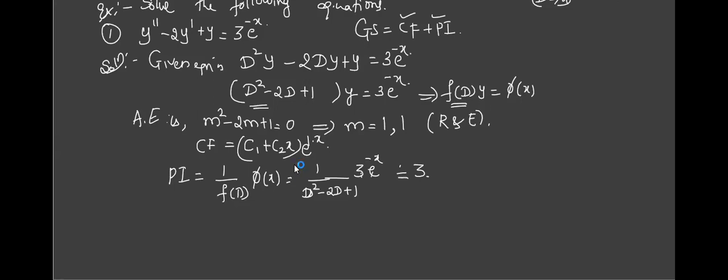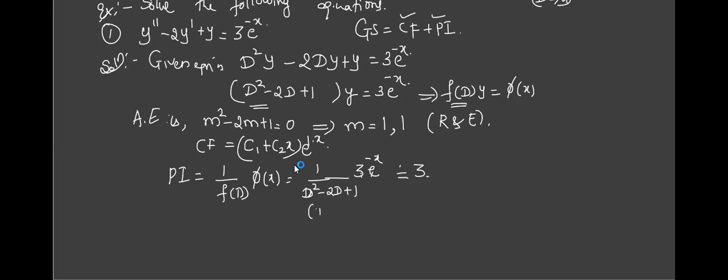One more point I forgot. When you take PI, you should get rid of all the D, which means in the last answer there should not be any D. Now this belongs to which case? Exponential. How do we do it?